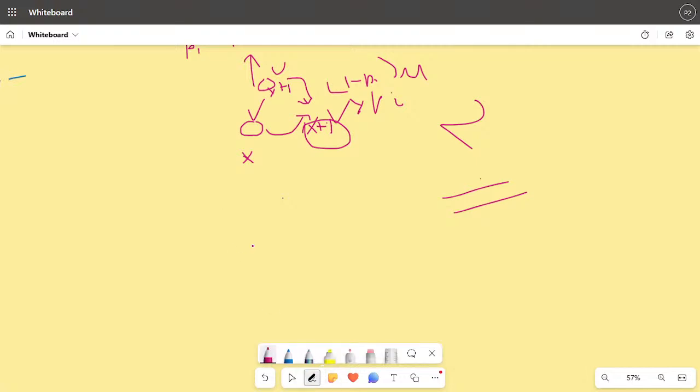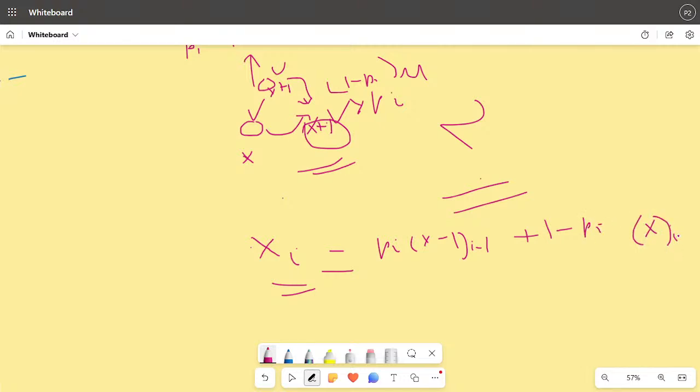So we can say that for any state, the probability of getting, suppose, x heads till the ith coin is tossed, will be pi into P[i-1][x-1] plus (1 minus pi) into P[i-1][x].